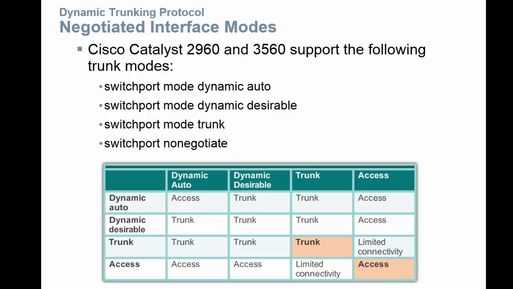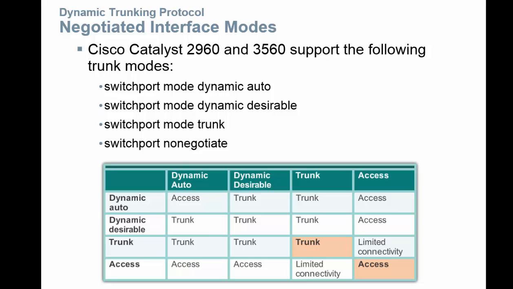Remember, we're talking about Cisco switches. Our switchport mode trunk puts the interface into permanent trunking mode, and it negotiates to convert the neighboring link to a trunk link. And the interface becomes a trunk interface even if the neighboring interface is not a trunk interface, so it doesn't have to shake hands there.